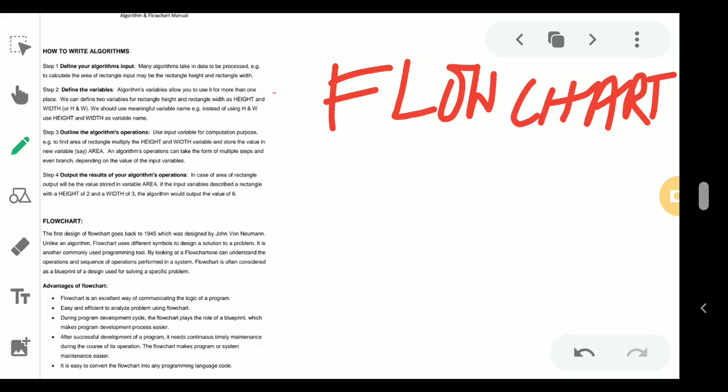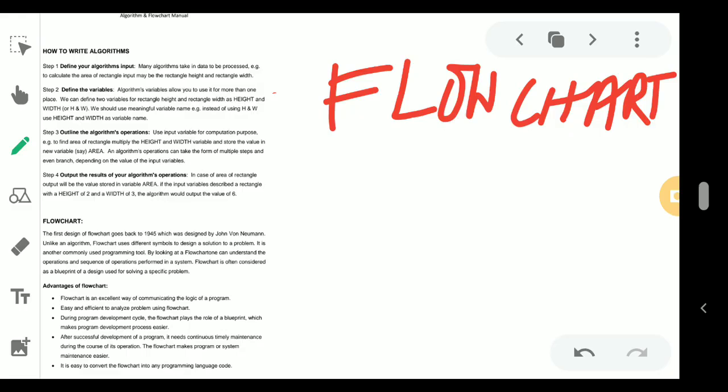A flowchart uses different symbols to design the solution of a problem. It is another commonly used programming tool. When you try to build an algorithm or write a program, if you first draw the flowchart, it will be easier for you to write the code and the algorithm as well.